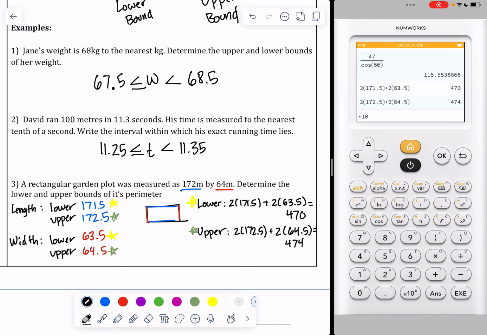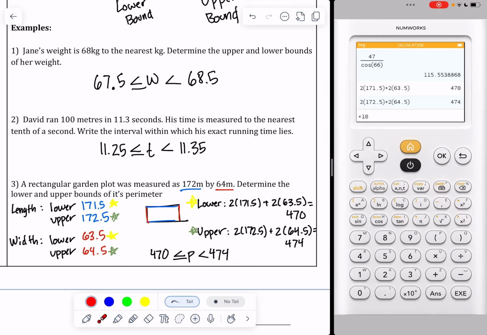So when we write this all out, our perimeter, I'll use P for that. P could actually be as small as 470, and it definitely will not be bigger than 474. Again, we'll still follow the lower bound could actually equal 470. The upper bound will not actually equal 474, but it could be anything lower. It could be 473.99999. So the way we describe that is using less than 474.